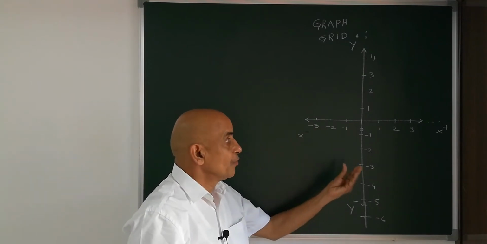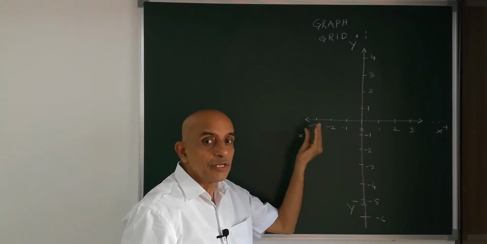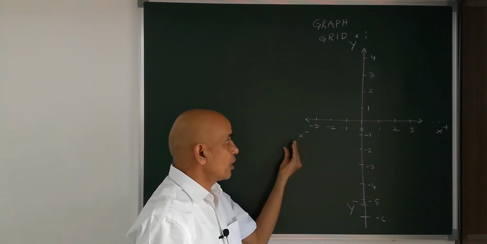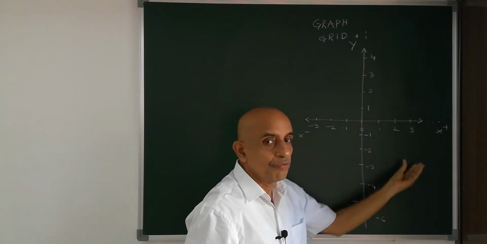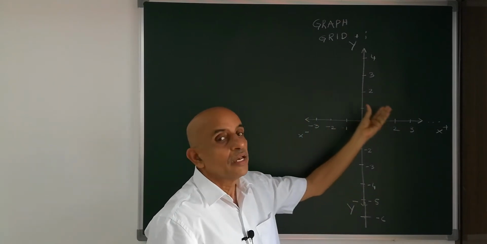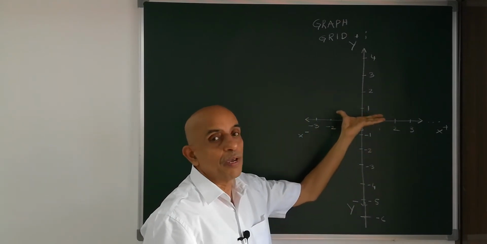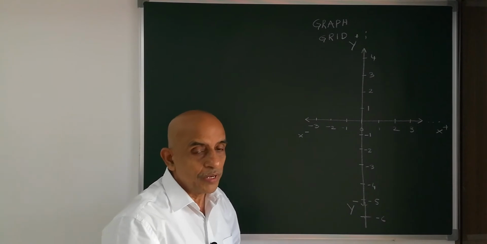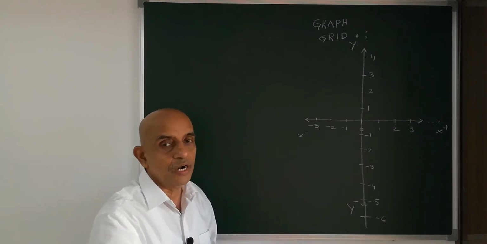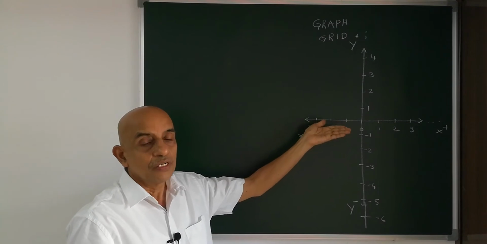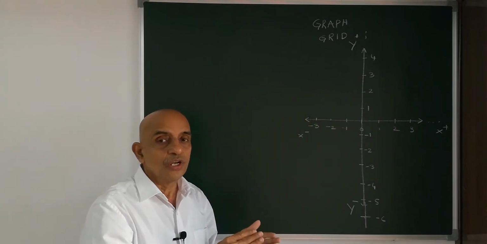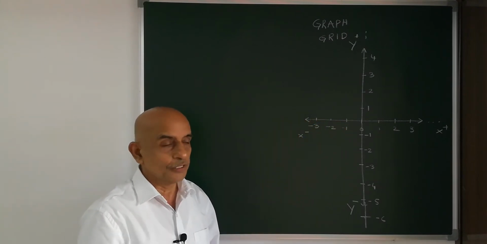That means if you want to plot any point whose x coordinate and y coordinate are given, we plot them on the graph. So this we call a graph sheet or graph paper. Now you observe me how I am taking the quadratic expression and how I am plotting it on the graph. Then on similar lines you can work out some more examples.